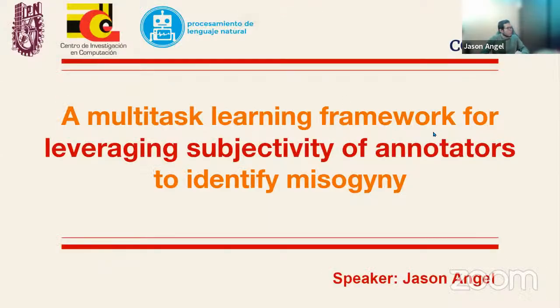So the work I will present is about sexism, but specifically we are tackling the problem of identifying misogyny in the context of subjectivity of different annotators that have different profiles. And to this end, we proposed a new framework for multitask learning.